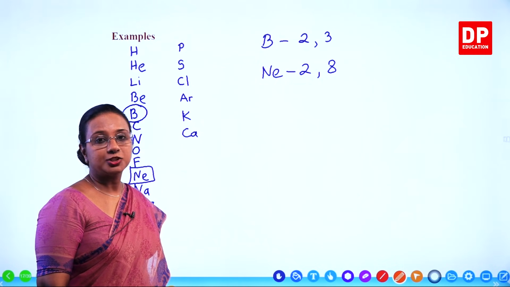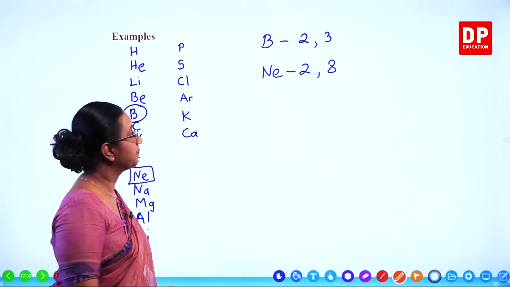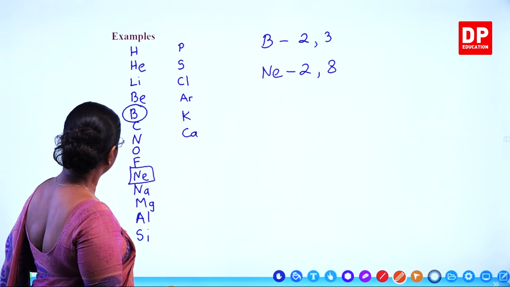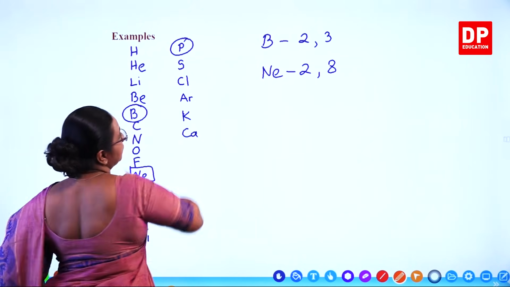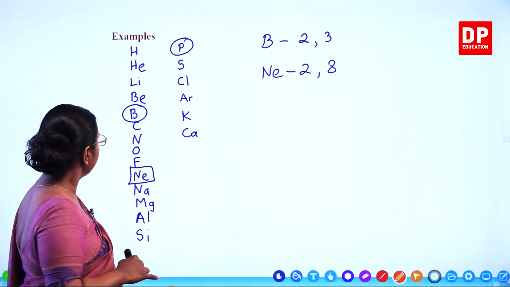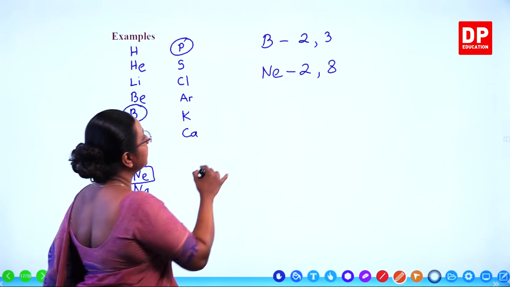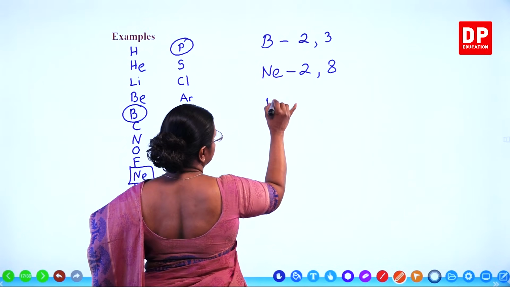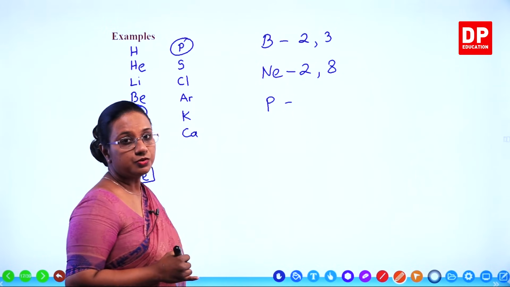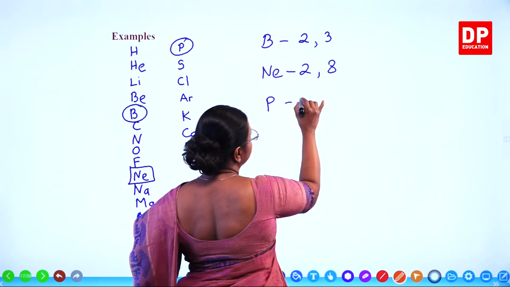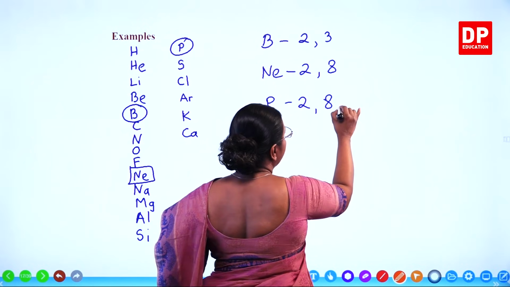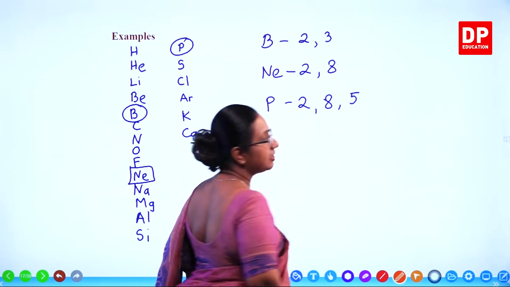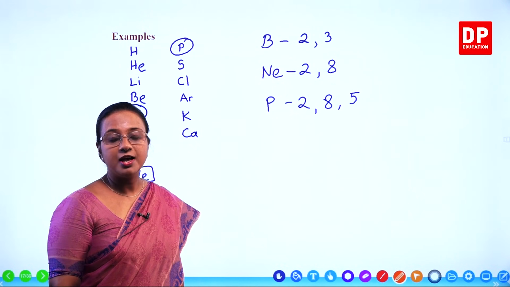That's the electronic configuration. Then we will take another example. Let's say phosphorus. Phosphorus has atomic number 15. So the first shell would have 2, then 8, that is 10, and the last energy level will have 5 electrons.